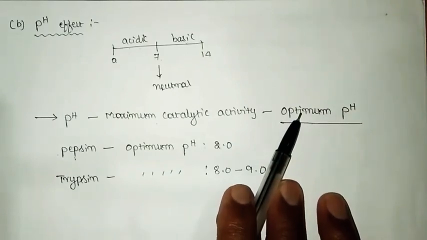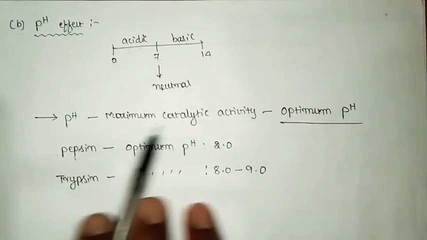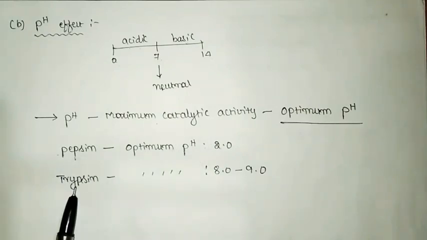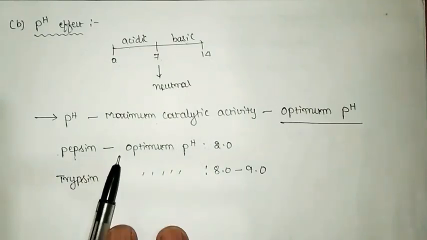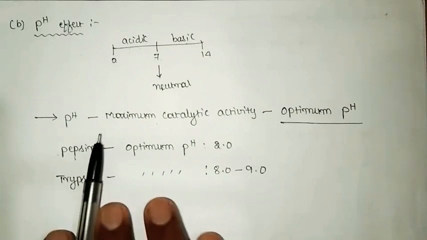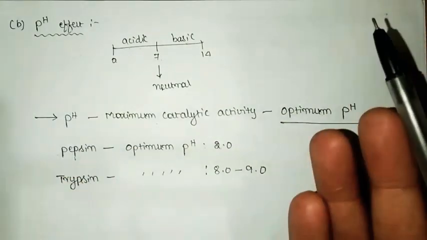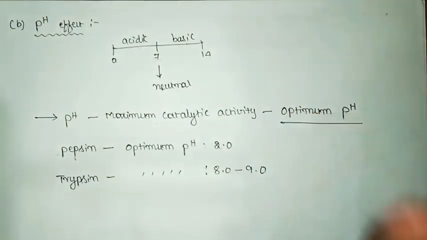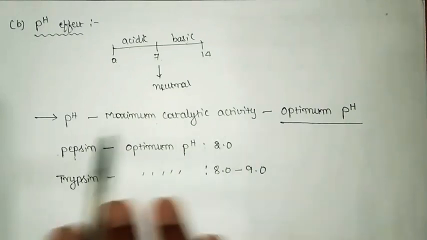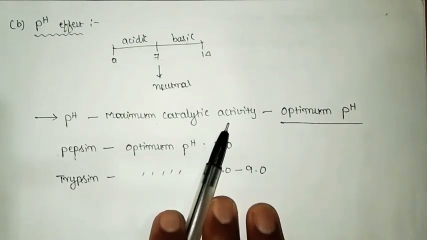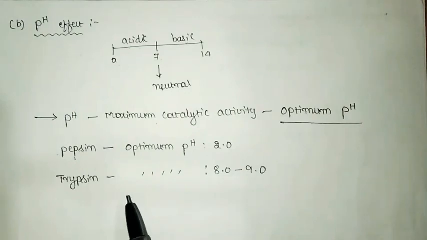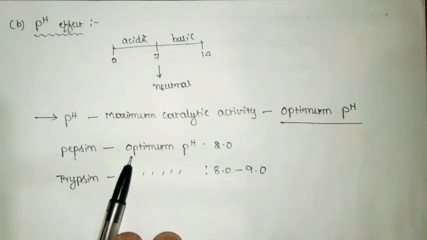But the problem is, if there is any drastic change in the pH value for a particular enzyme, then that causes a loss or decrease in the catalytic activity of that enzyme.